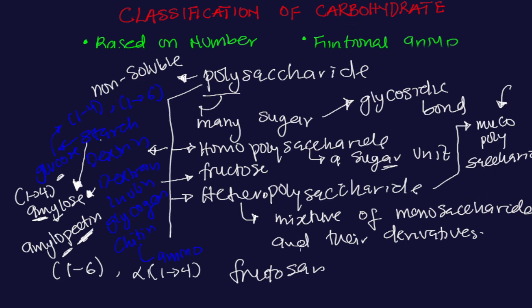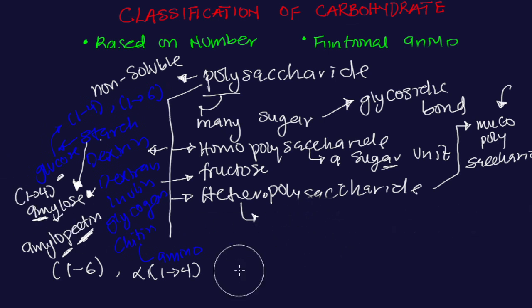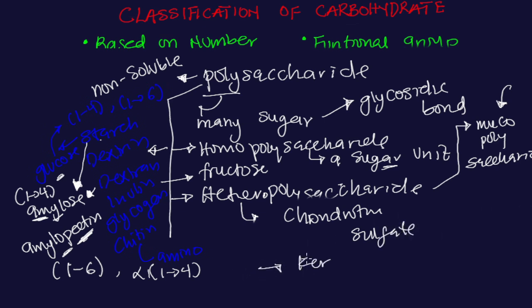An example, we have the case of chondroitin sulfate. I'm going to give you an example of heteropolysaccharide. We have chondroitin sulfate, keratan sulfate, and hyaluronic acid.